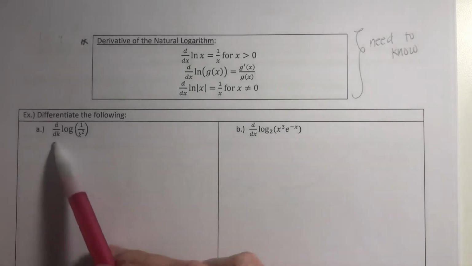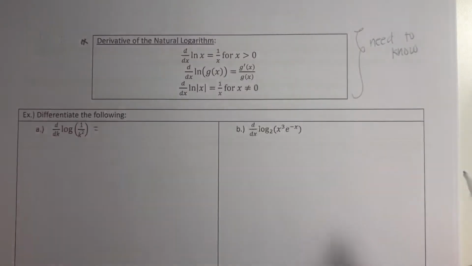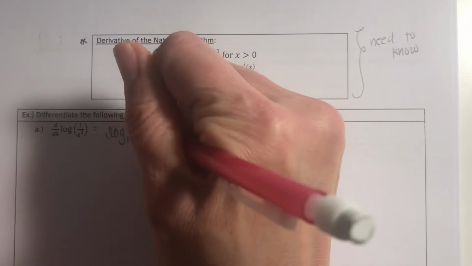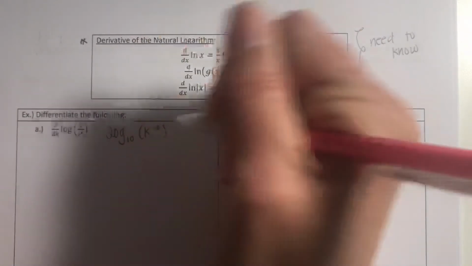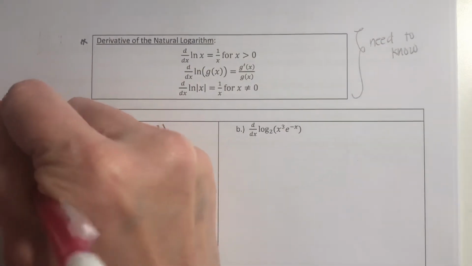So the first one says take the derivative with respect to k of log of 1 over k to the second. So I'm going to write this as log base 10 of k to the negative second power. And now I'm going to take the derivative of this function. We'll say dy dk.